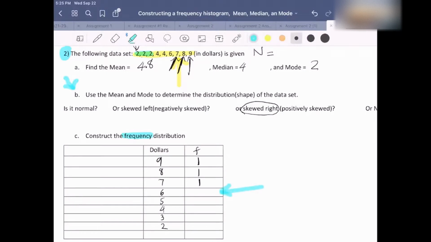Okay, good. Move on to the next one. Number 6. Let me call on someone. Number 6. Let's see. How about Destiny? Can you tell me what is the frequency of number 6? 1. All right, let's check. Number 6 is right here. And you can see that it appears as once, right? Good.